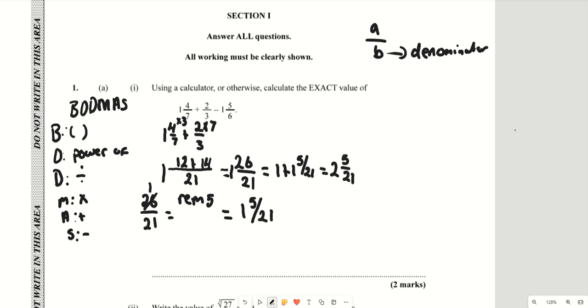Now, when you get this, this is not the end of the question. The question will now become 2 and 5 over 21 minus 1 and 5 over 6.